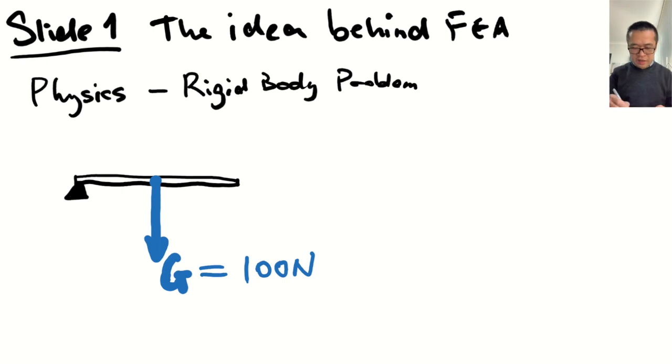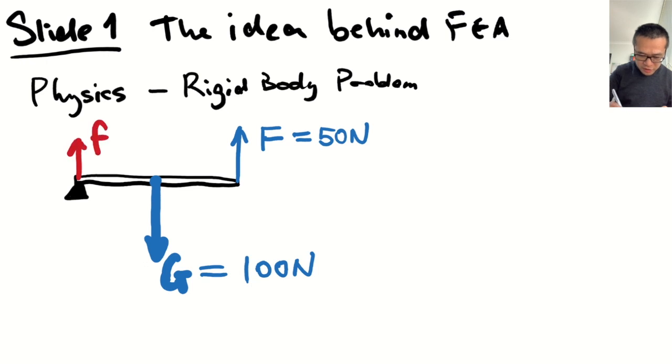And you know that I can't possibly put this bar in a stationary position if I just lay a hand on one side. So I need to give a force to it. Say I put 50 Newton of force, right? And then the question typically they will ask you is, what's this little force here that I need to put the whole thing into balance?